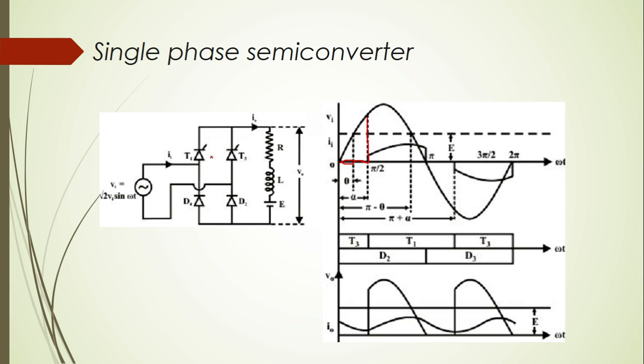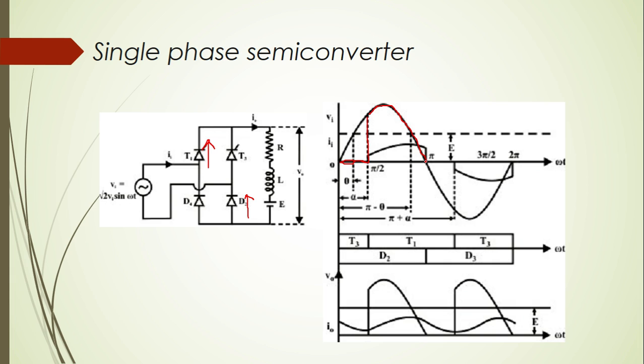When T1 is triggered at alpha, T1 starts to conduct, and diode D2 is already forward biased, so no external triggering is required. Hence current flows from the source through T1 to the load and then through D2 to the source. In this way it conducts till pi.